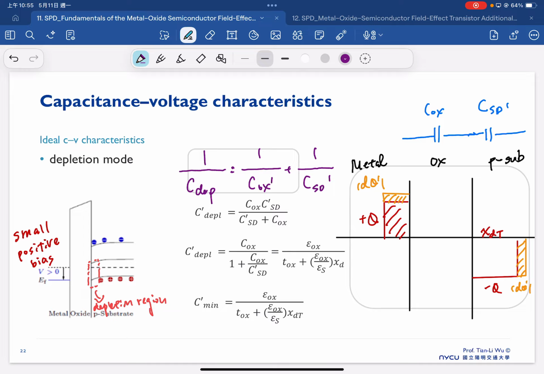The rest of the calculation is very easy, I would say just an elementary school calculation. Because we have a CSD here, which is related to the depletion width XD, once we continue to increase the bias, we will reach the maximum depletion width. And the maximum depletion width means the capacitance decreases to its minimum.